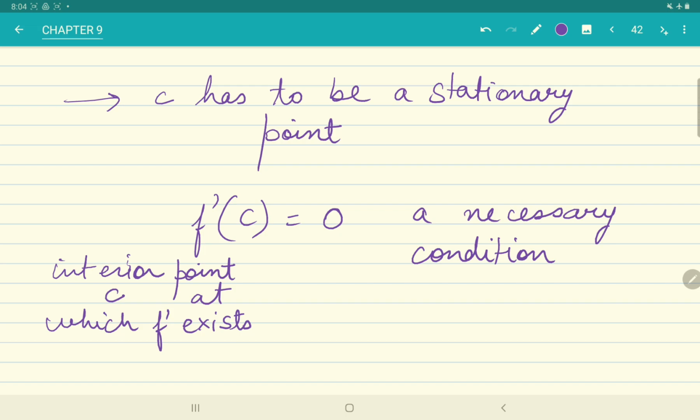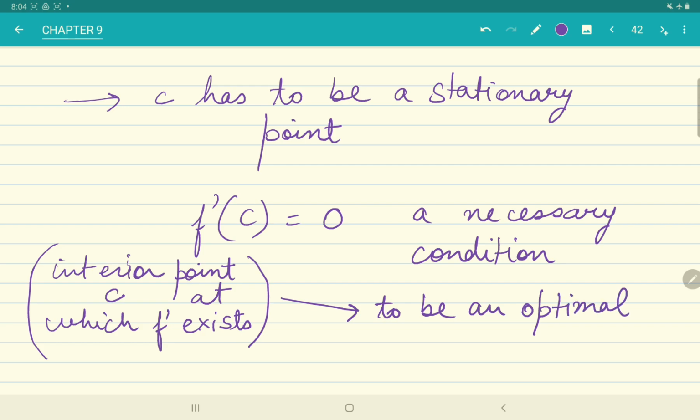So this is a necessary condition for this interior point to be an optimal point. When I say optimal, that means either maximum or minimum.